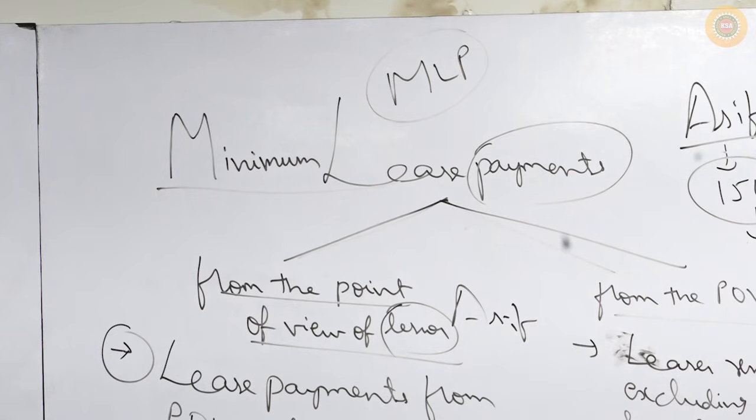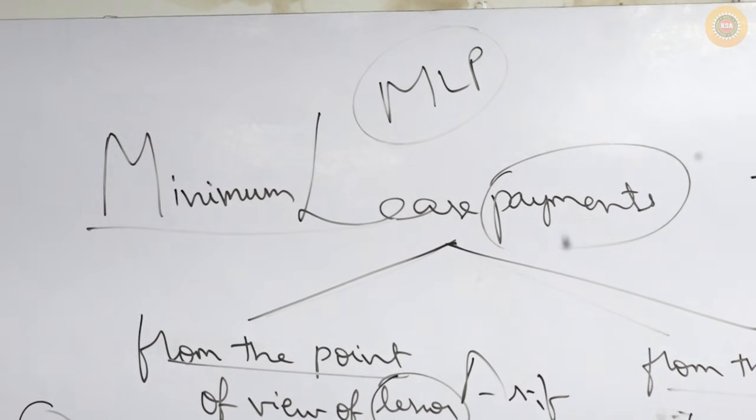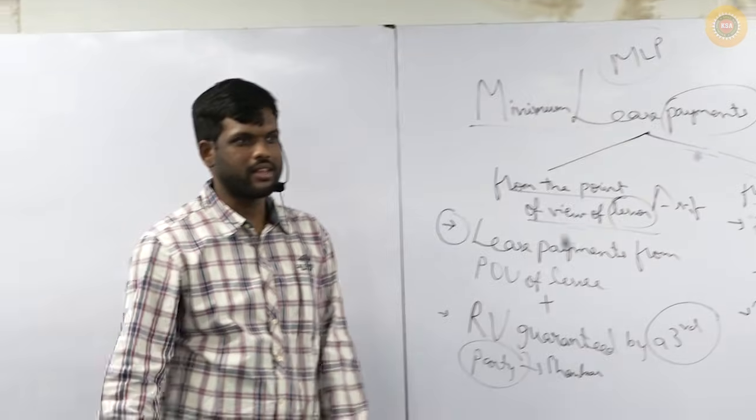No, nothing will be excluded, Divya, from lessor's point of view. இதுக்கு பேர் என்ன? MLP, மினிமம் லீஸ் பேமெண்ட்ஸ். ஒரே ஒரு பாயிண்ட் அப்சர்வ் பண்ணியா இல்லையான்னு தெரியல, கவனி.